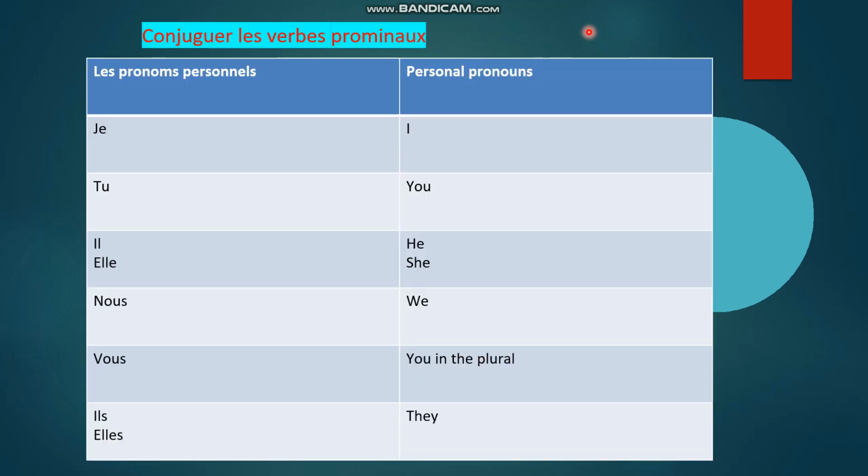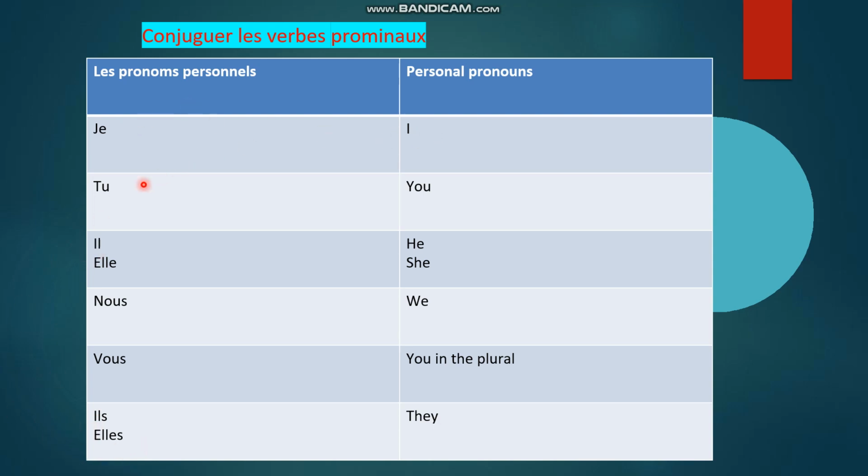Okay? Before we start conjugating the verb, we are going to review les pronoms personnels. We have to review the personal pronouns. So we have je, tu, il, elle, nous, vous, ils avec S, elles avec S. Normally the S in French is not pronounced, but we say ils avec S, elles avec S to make the difference between the singular one and the plural one.